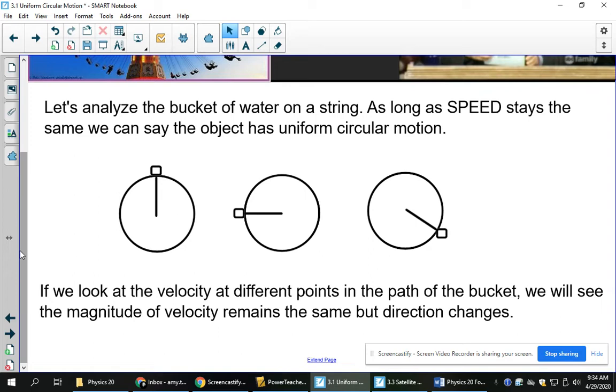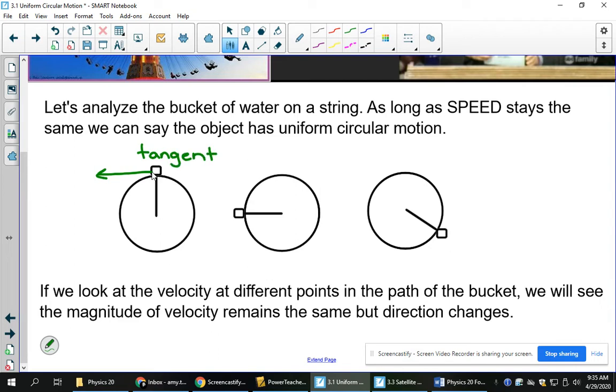Okay, so what we know is that if we were to let go of this string that's holding the bucket at any point when we're whipping it around in a circle, that object is going to fly off at what we call a tangent. You can try this if you whip your keys around on your lanyard and let go.